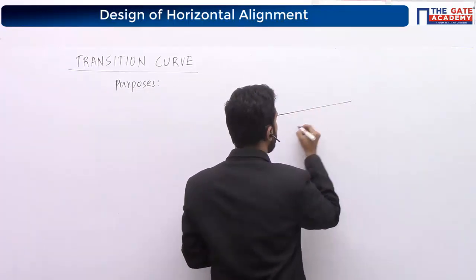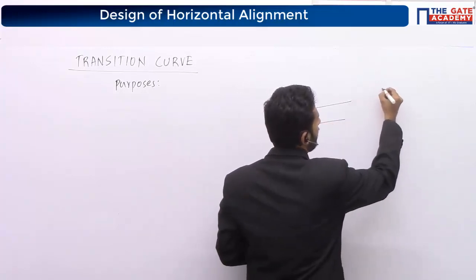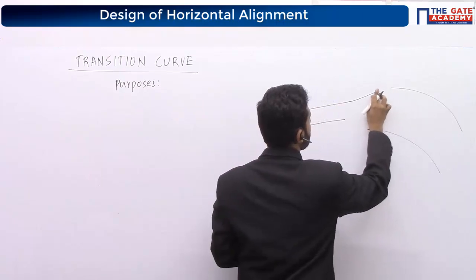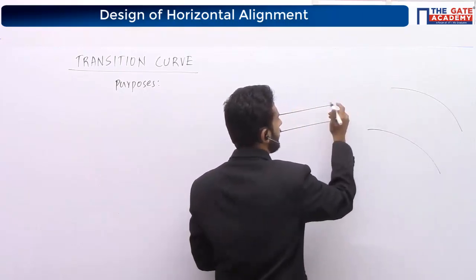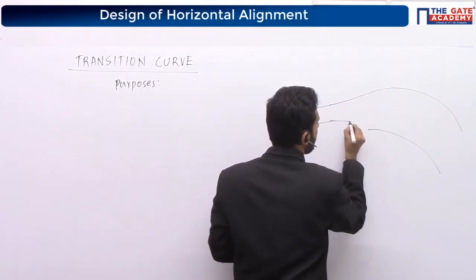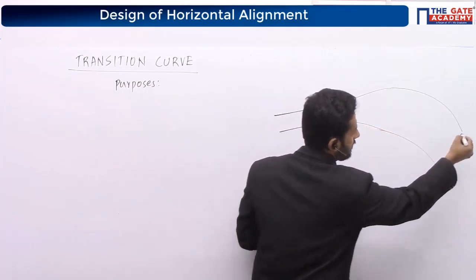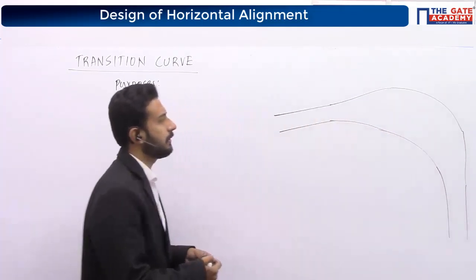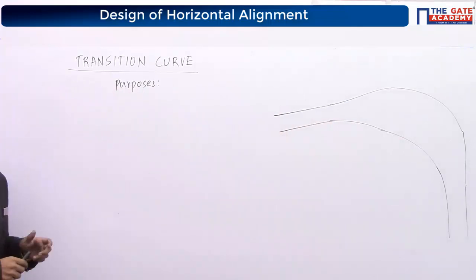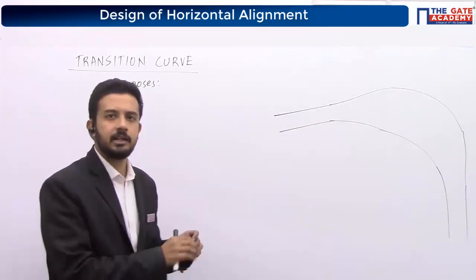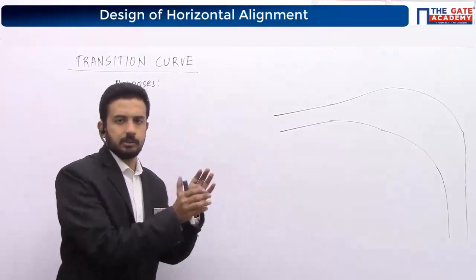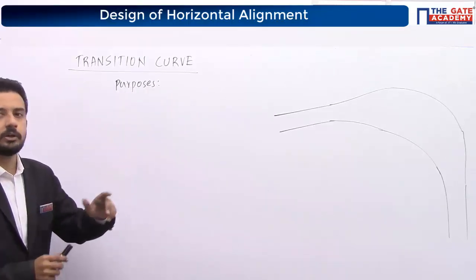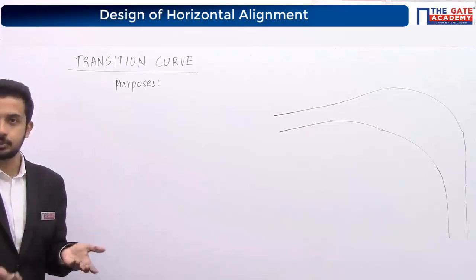If this is the straight road and this is the circular curve, we are going to provide some connection like this, and after the curve we are going to decrease it again. The shape exactly will not be like that; I'm just showing you what it is. So the first purpose is to give the extra widening gradually.